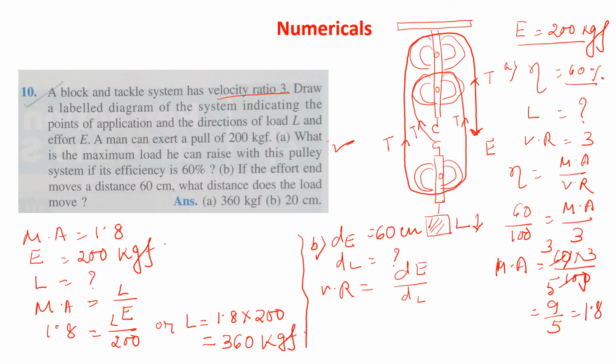So velocity ratio is 3. 3 is equals to 60 by DL. From there, DL is equals to 60 by 3, or DL is equals to 20 centimeter. So this is the answer.